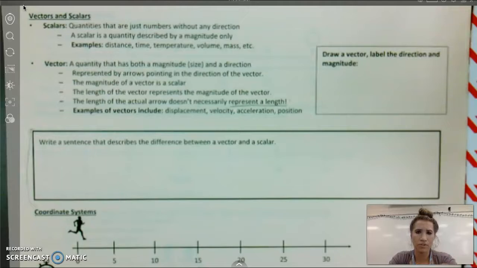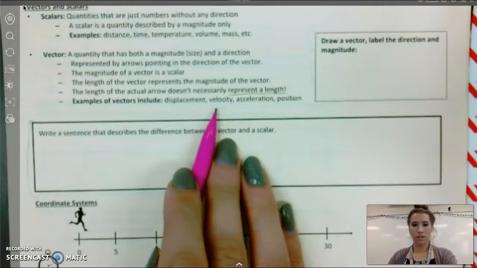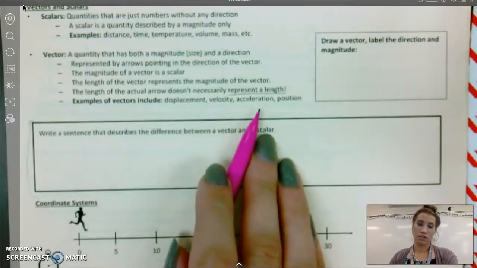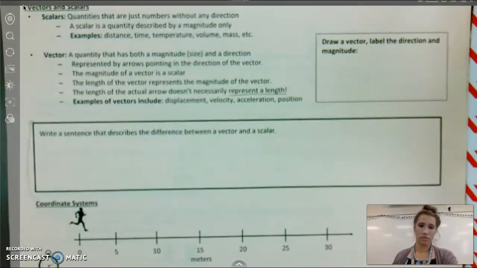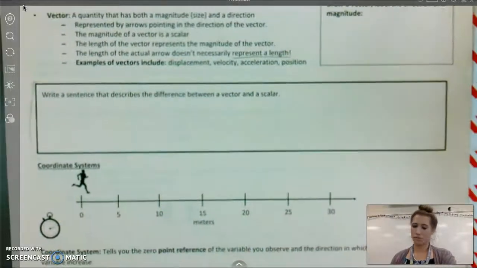Okay, we have a direction that represents it. So examples of this would be displacement. We talked about velocity, acceleration, or position. Okay, so take a moment and describe that difference between scalar and vector.